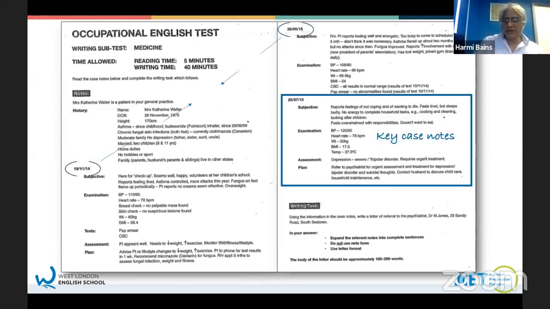So I might write about this visit first, and then I may combine the previous 2 visits together. This is kind of the less important information. So in this task, order of importance, I think, would have been better because it really was an urgent letter. The urgent information came in the most recent visit.